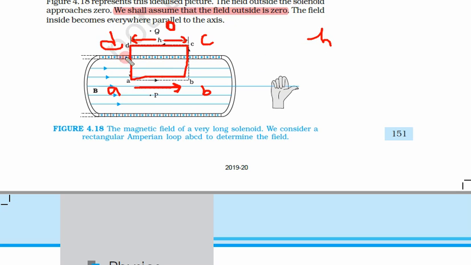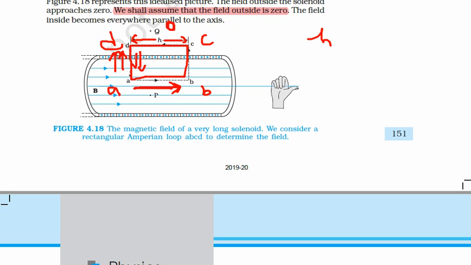We have already seen that the field between the wires is cancelled out. So if one is up, then one must be down. So the field inside the wires is exactly cancelled out and outside the field is 0. Inside, the field is along AB.